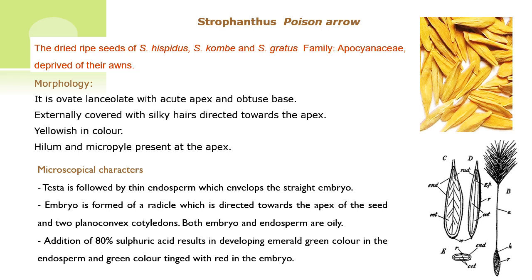Addition of 80% sulfuric acid to the seed or the section of the seed results in the development of emerald green color in the endosperm and a green color with red tinge in the embryo. This is in Strophanthus hispidus.